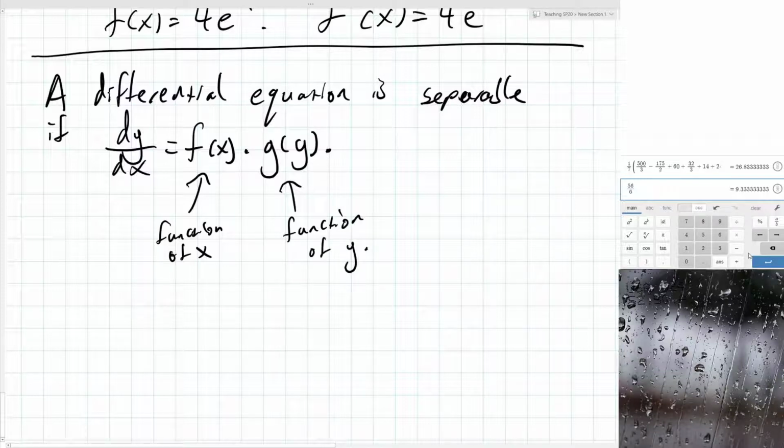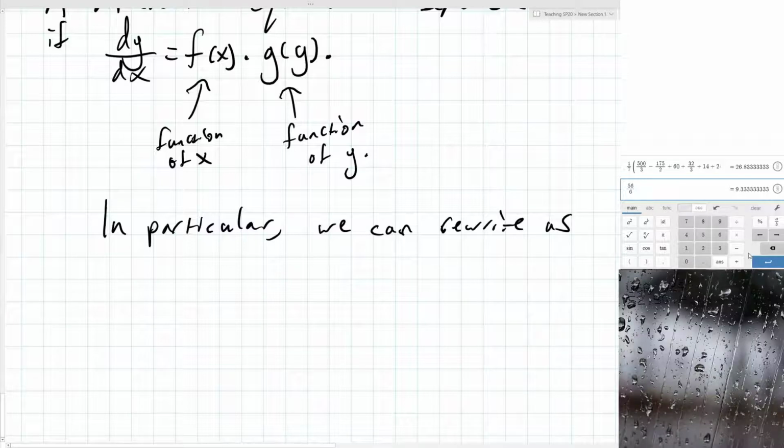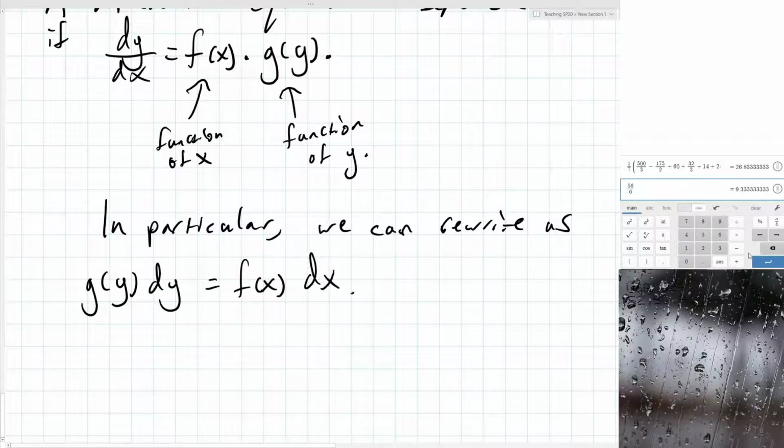In particular, we can rewrite as 1 over g of y dy equals f of x dx.